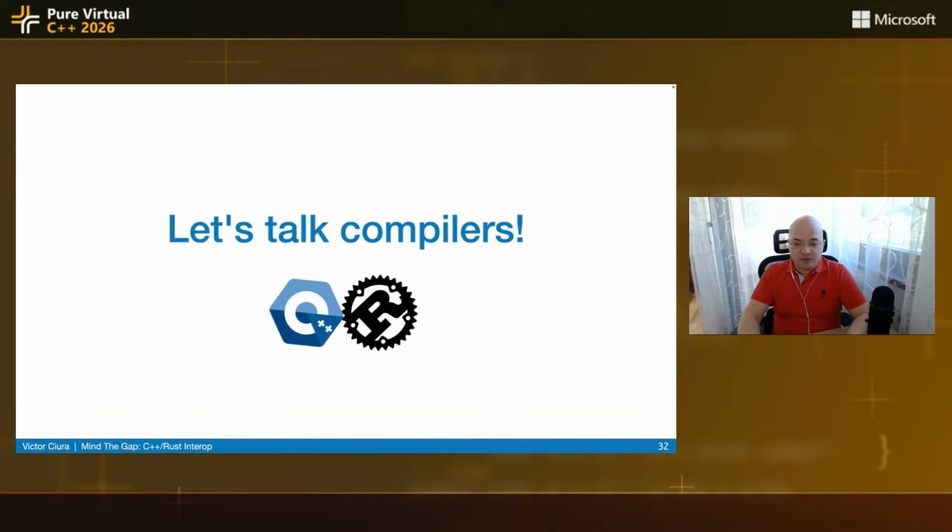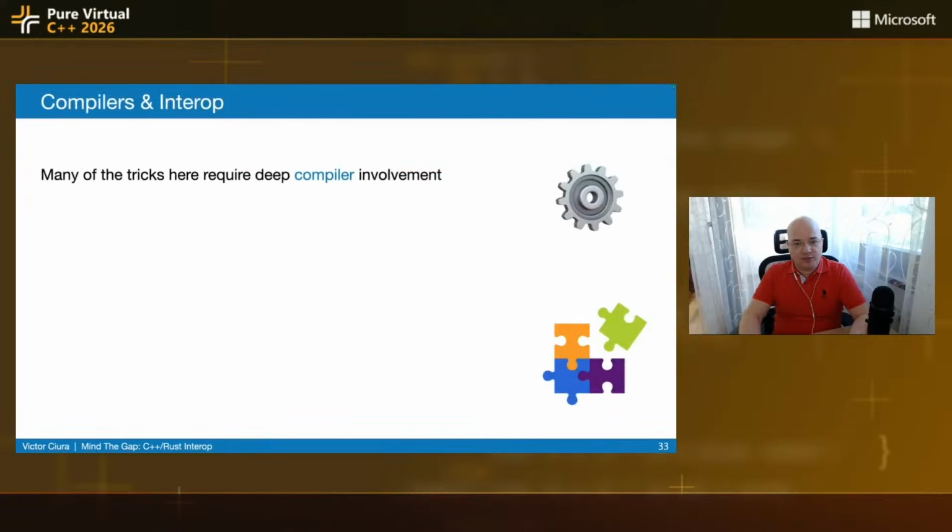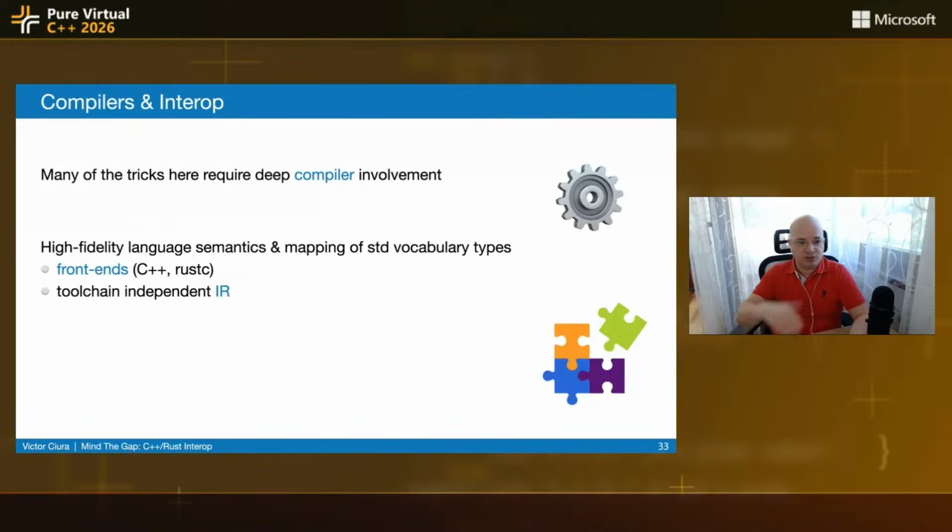And now, at the end, let's talk about the compilers a bit, because they play a big role in this story. There are many tricks that require deep compiler involvement. I mentioned earlier layout information. High fidelity language semantics and mapping of vocabulary types require involvement from front ends, both on the C++ side and Rust side. And of course, we want to aim for toolchain independent IR.